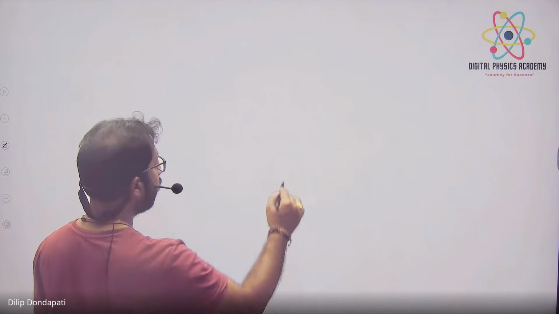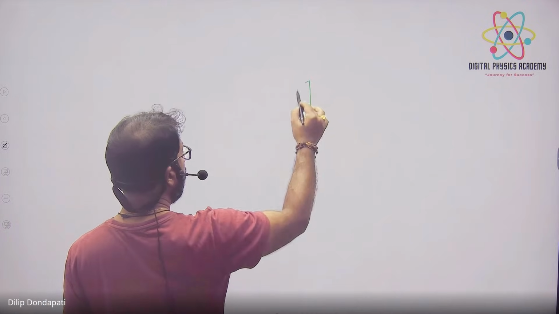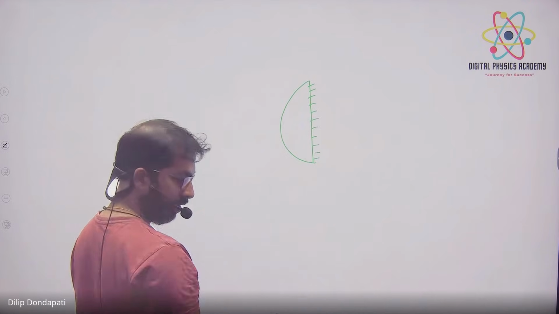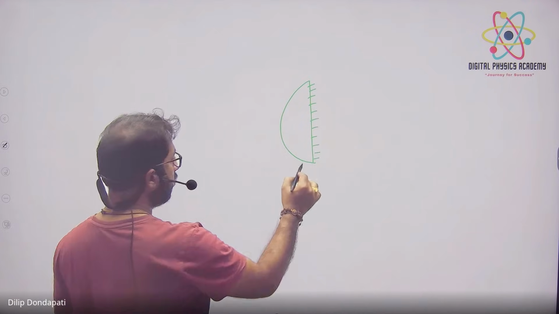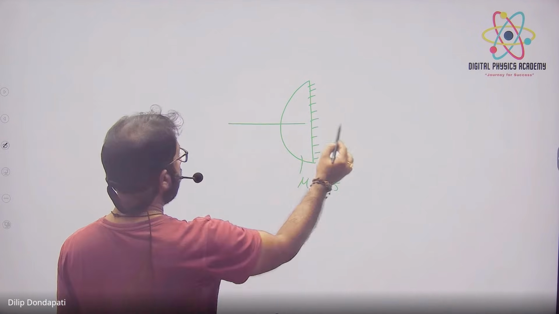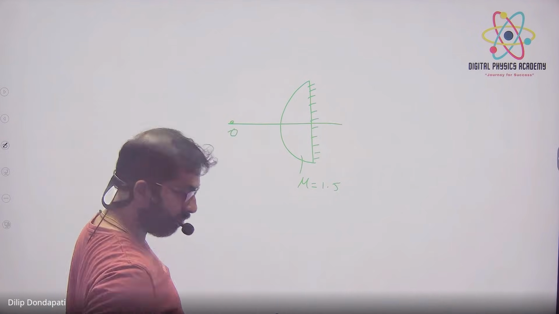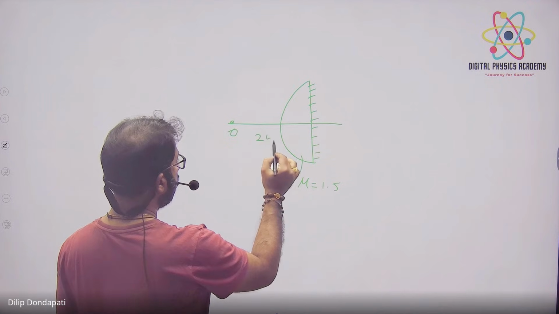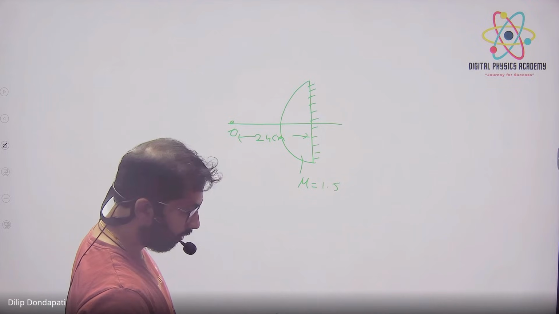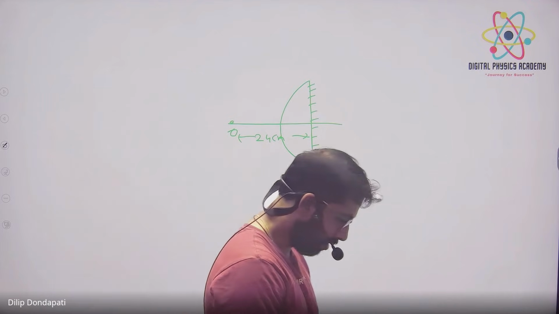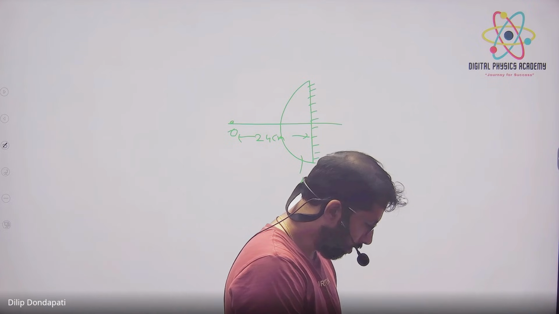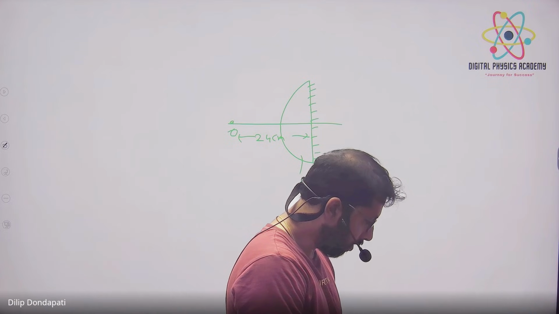Silvering of lens. He can give anything. Okay, silvering. इसका refractive index is 1.5 and object is placed 24 centimeters from the lens and radius of curvature of one face.